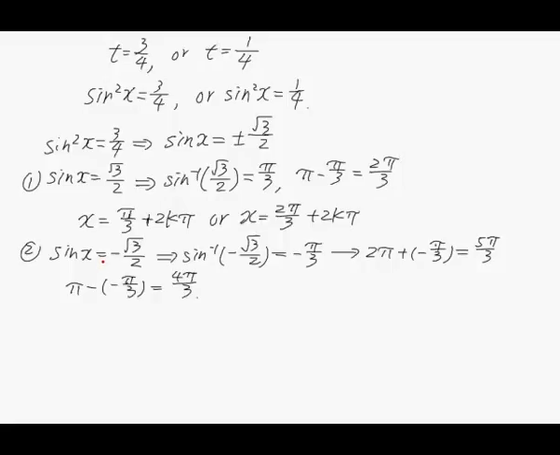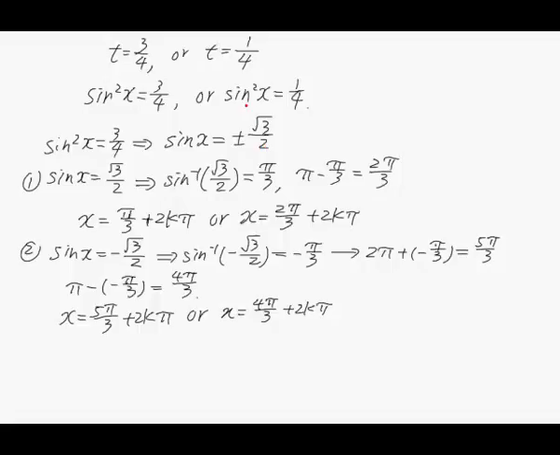Then we can get the general solution. So the general solution in this case is x equal to 5 pi over 3 plus 2k pi, or you have x equal to 4 pi over 3 plus 2k pi. Okay, so these are the two cases corresponding to sine squared x equal to 3 over 4.